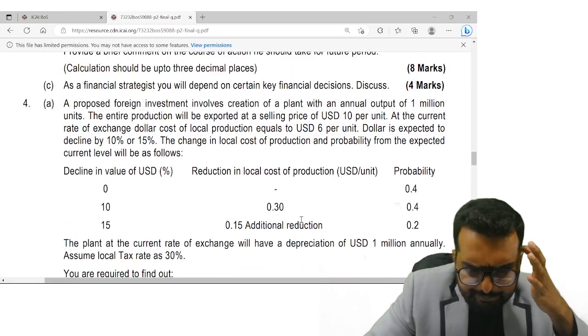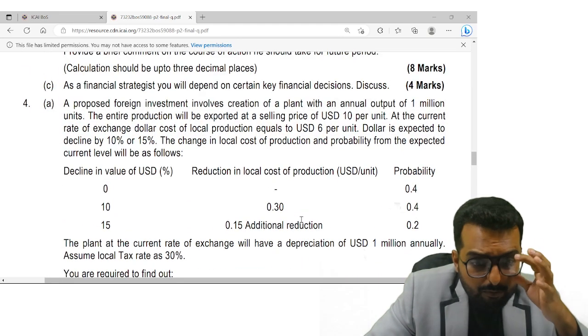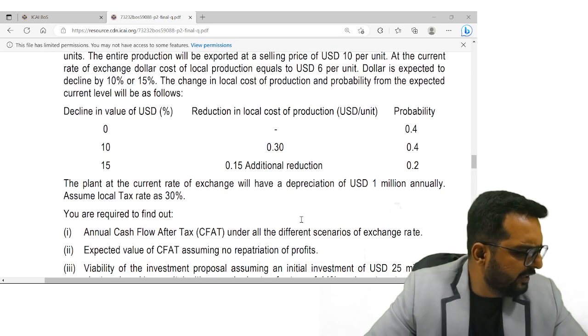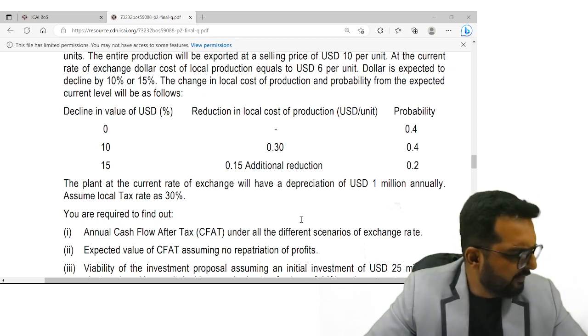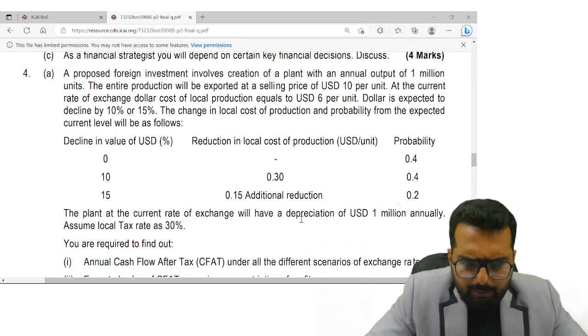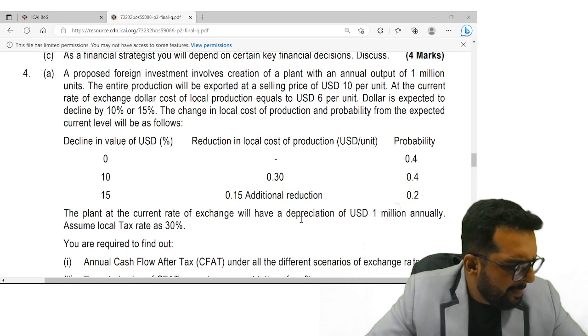Hold on. They have reduced the depreciation also, 9 lakh and 8.5 lakh. How did they arrive at those numbers? Have they told anything about that in the question, friends?